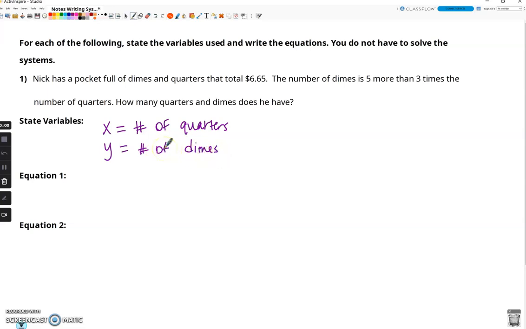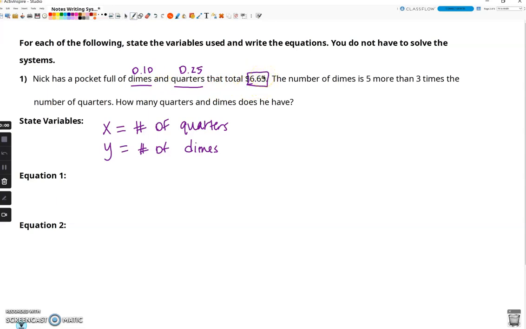Okay, so then step 2 is to look for key information in the problem. So he's got dimes and quarters that total $6.65. Well, we know that a quarter is 25 cents and a dime is 10 cents. I feel like that's going to be important, especially since combined it's $6.65.